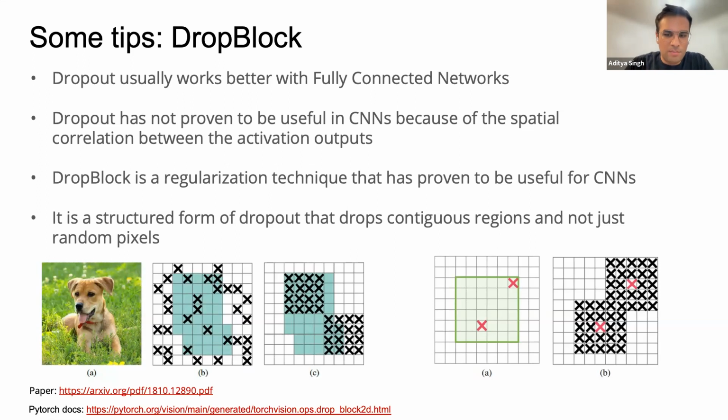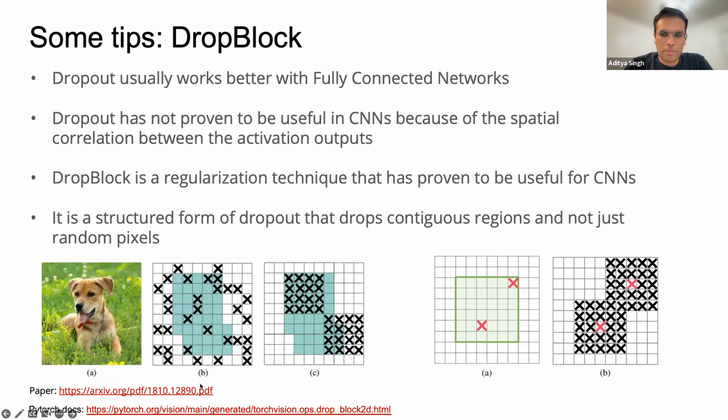So dropping out randomly may not do what we wanted to do. There's a new technique called drop block 2D that has proved to be useful. It is a form of structured dropout that will drop structured regions from the activation maps instead of just dropping random pixels here and there.